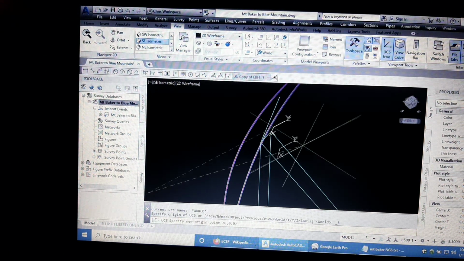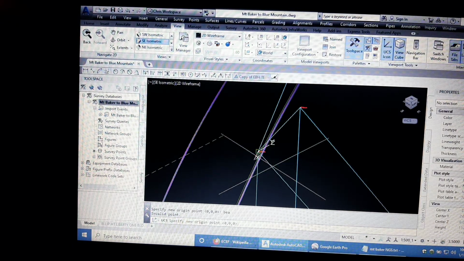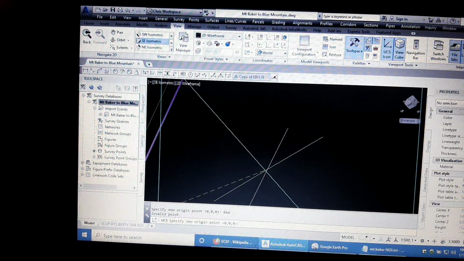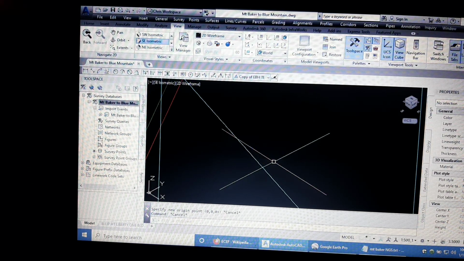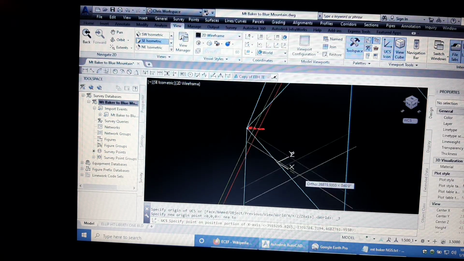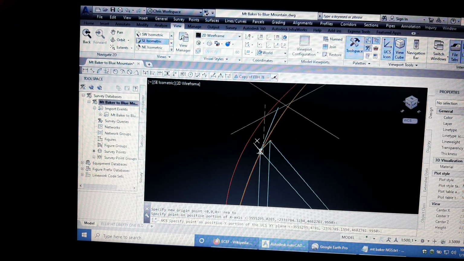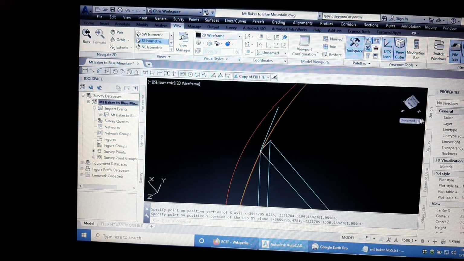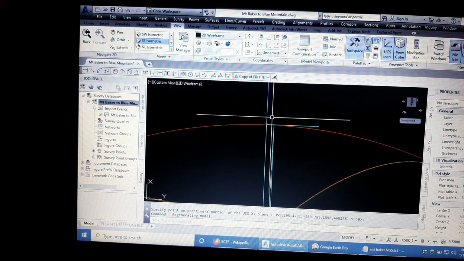3-point, NEA. Oops, NEA. To here. And I don't want the front, I want the bottom. So it puts it into that view head on.